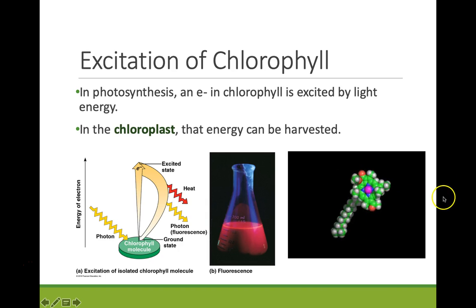This is just showing the structure of the chlorophyll molecule, and it's that center there, that purple center. You can see that is where the electron is going to be excited. And remember, electrons carry energy, and so we're going to watch how this electron moves through this chloroplast in this photosynthesis mechanism in order to transfer its energy to glucose.